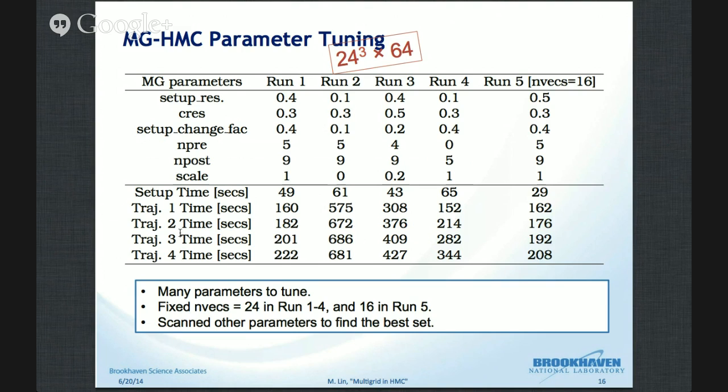Even over one full trajectory, which actually has 20 solves, because I solve M dagger in 2 steps, you still get the shortest time. So I think this setup certainly wins for the first trajectory, but then it doesn't work so well for the subsequent trajectories.